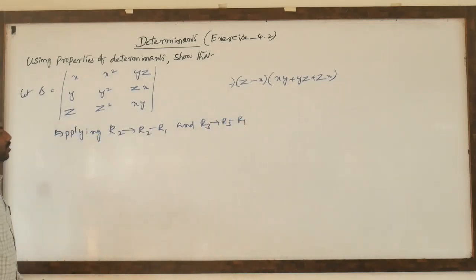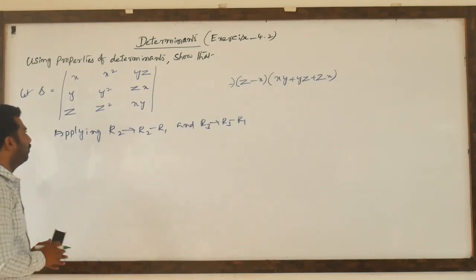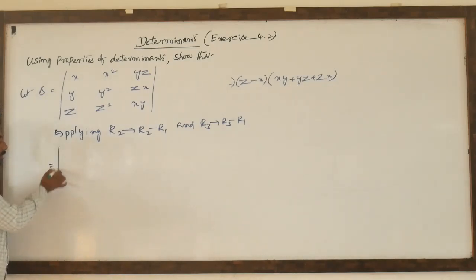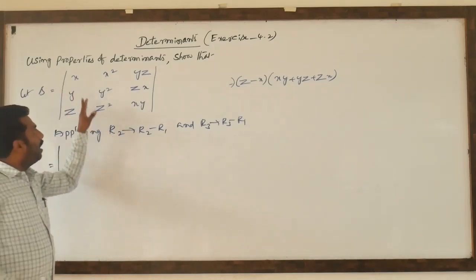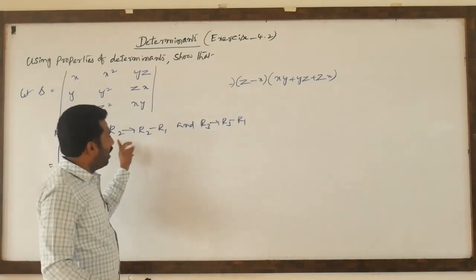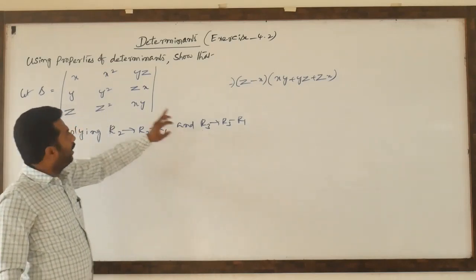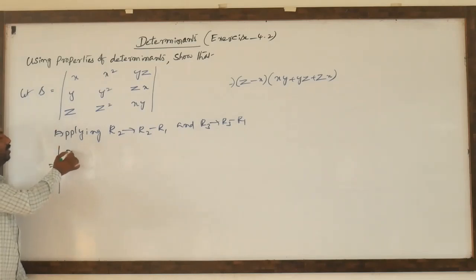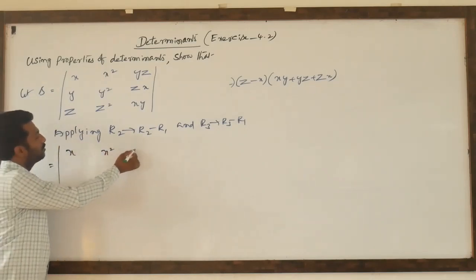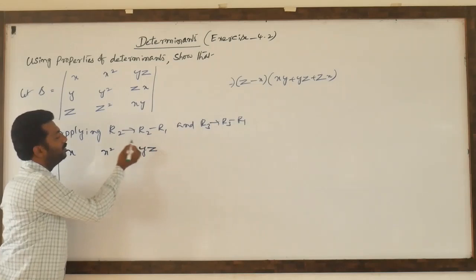Sir, why you are applying only these two operations, I will tell. One step if you write, automatically you can understand. No changes in R1, only we are changing R2 and R3. Okay, now you observe, no changes in R1, means x square, y, z.